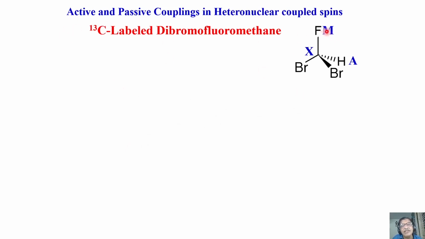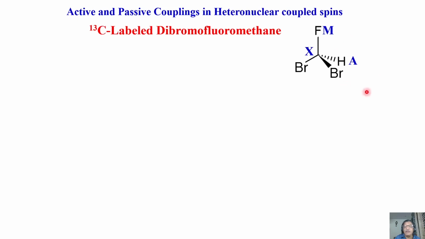So now in this 3-coupled system, this carbon-13 is labeled. As a consequence, there are 3 different heteronuclei here: proton, fluorine, and carbon, which is also labeled. So 3 active spins are there. All are 100% abundant now.